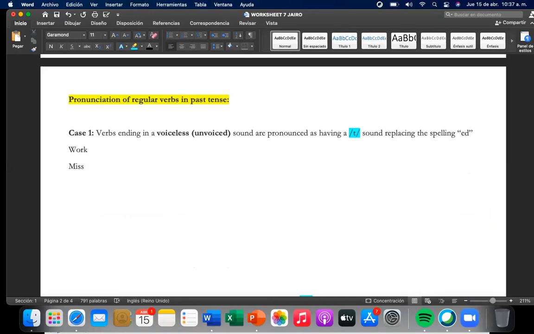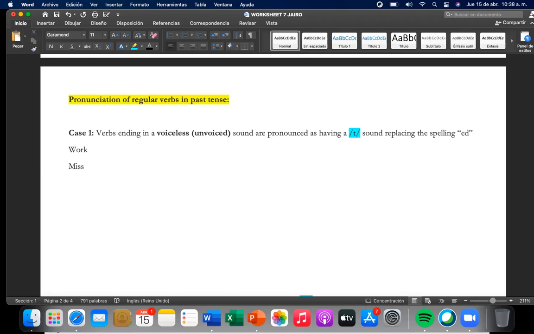Which is the characteristic of regular verbs? They end in ed. Los regulares se caracterizan por terminar en ed en el pasado. Esos son los que vamos a trabajar. But there are different things to consider when we are pronouncing those verbs in the past. So we need to consider case number 1, case number 2, and case number 3.